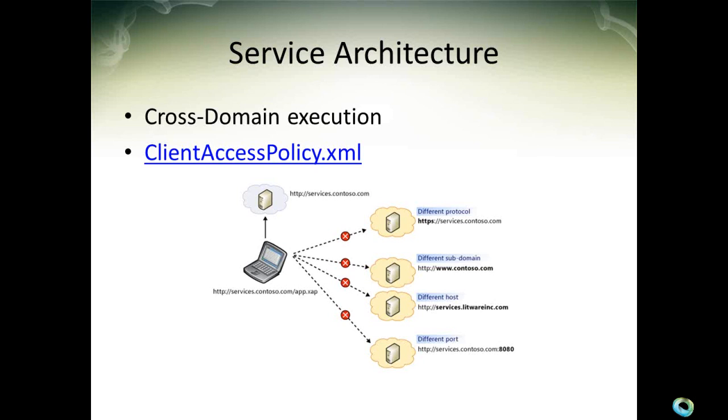But if the protocol is different, if the subdomain is different, if we have a different host or different port, then we should place the client access policy file in the root directory of our web server. This is pretty standard, so it doesn't matter whether you use WCF Data Services or another type of web service. You have to place this XML file in your web server root directory so you can consume the data service.